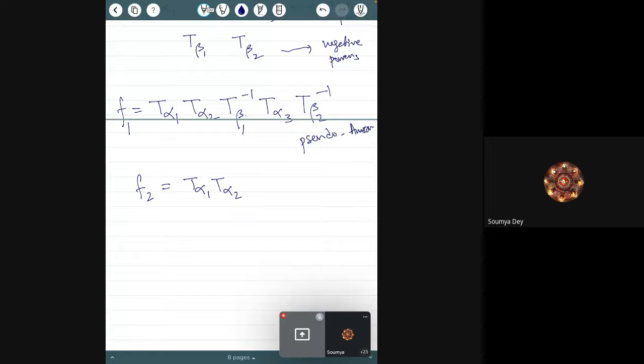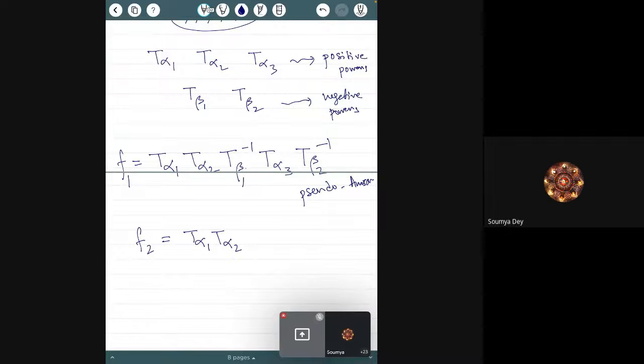No. T alpha 2 inverse is not allowed. You see, we need positive powers of T alpha 2. So I can take another representation of this.